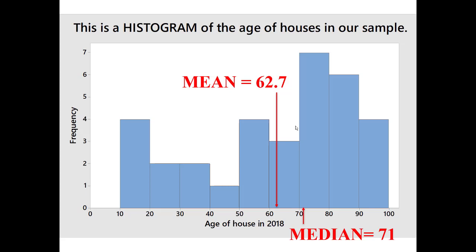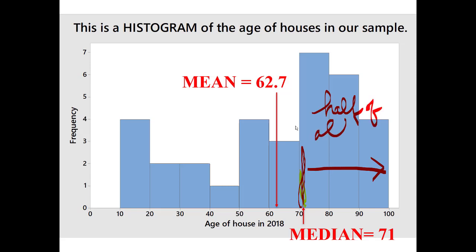The median value is 71. So let's look at that. 71 is kind of over here. You can't really see that very well. Let's try this. That's supposed to be a straight line. It's not really working. So 71 is over here. This means that from here to there is half of all the houses, or observations, if you will.